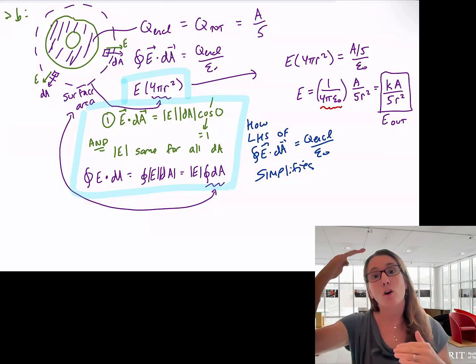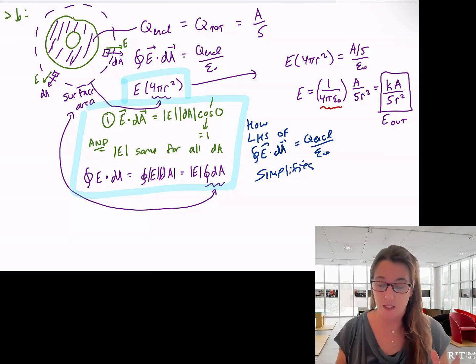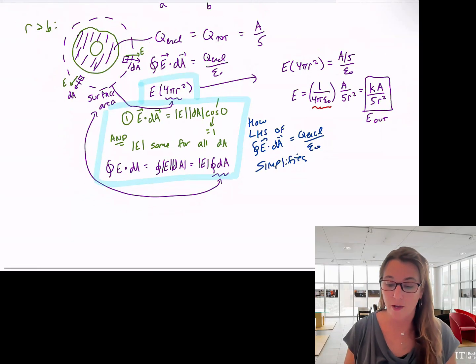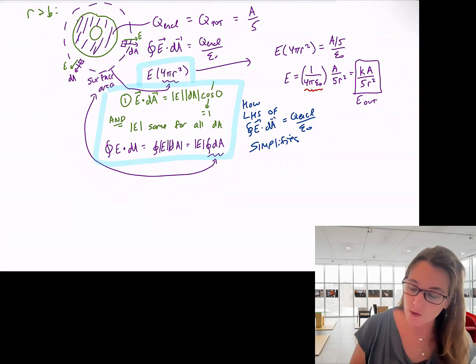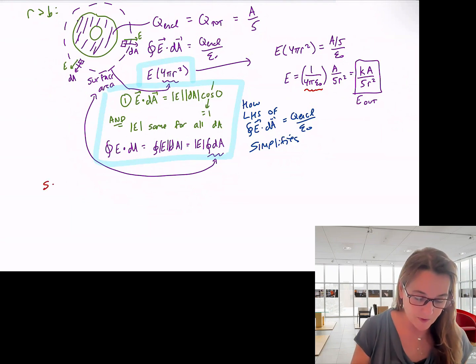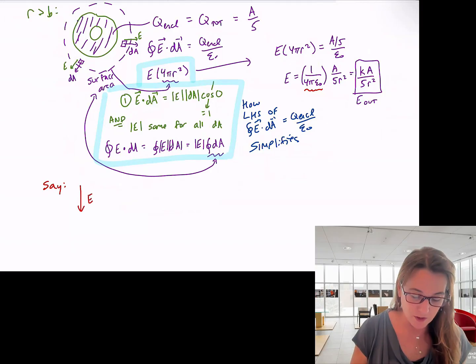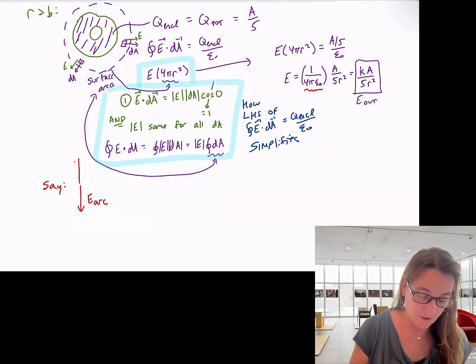Because again, we might have no valid results in this scenario, depending on what our value of charge on the sphere was. So let's go ahead now and say that we want, remember, we want the magnitude of the electric field from the arc to be equal to the electric field from the shell.